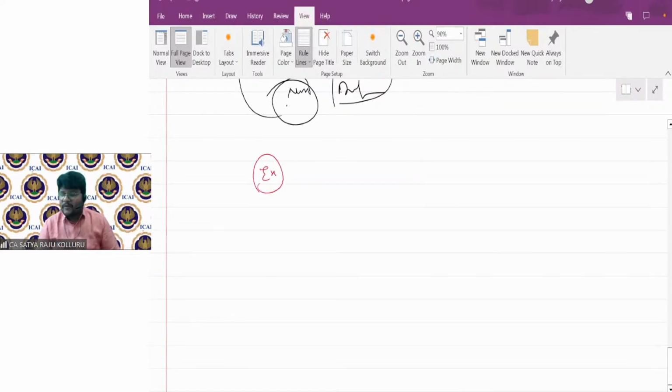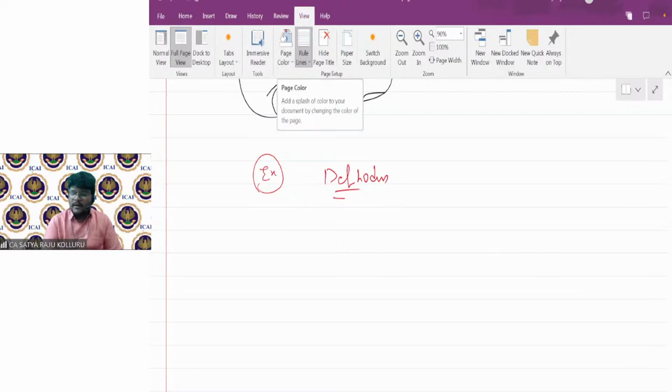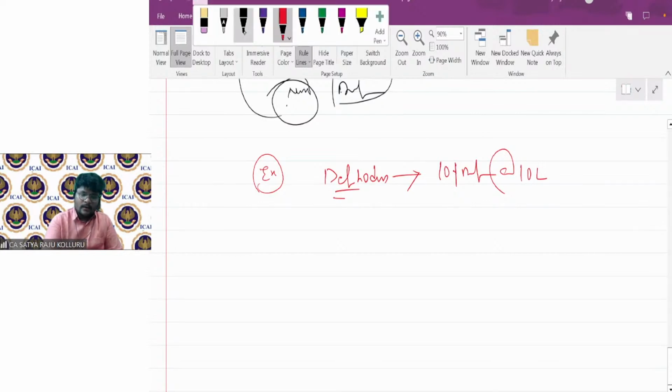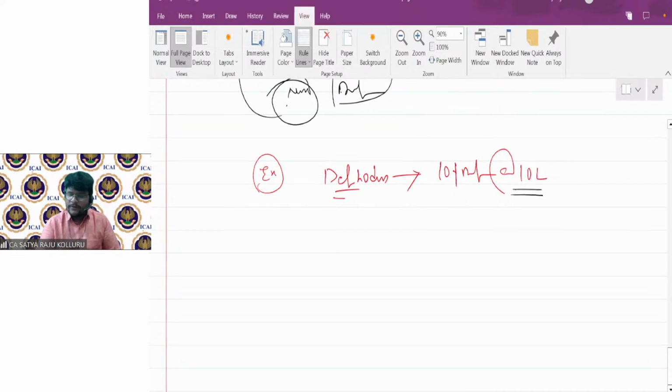An agreement entered between company and debenture holders. Right now, 10% debentures held by the debenture holders in the company are 10 lakhs. Now what the negotiation is: out of this 10 lakhs, to the extent of 5 lakhs, the company is going to pay in the form of cash right now itself.